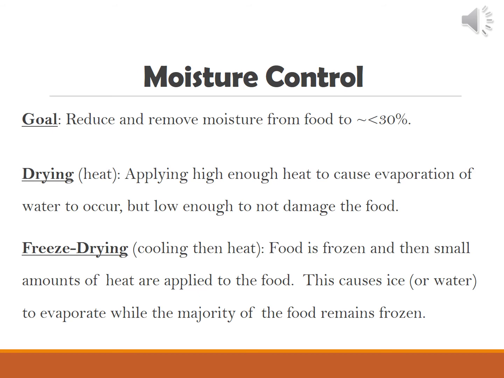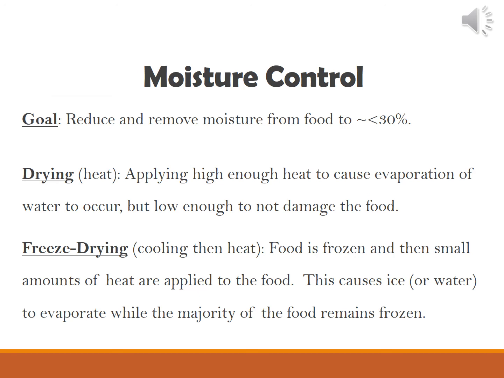Moisture control is more so about moisture reduction. For foods that have extended shelf lives due to moisture control, their water content is decreased through some form of evaporation. With low enough water content, generally somewhere below 30% of the food's composition being water, the bacteria will be dehydrated and unable to survive.